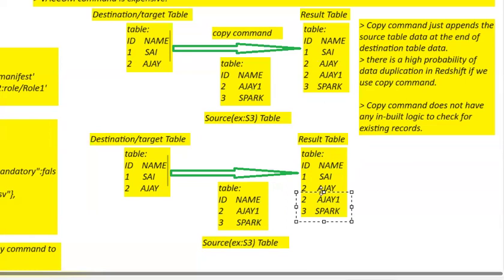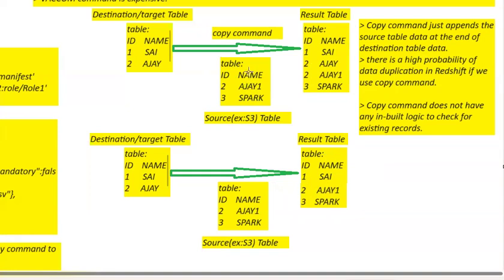That means whatever data we have like this, I want the data like this. Here you can see the duplicated data is gone. That means we are updating whatever duplicate data we have with the source data.